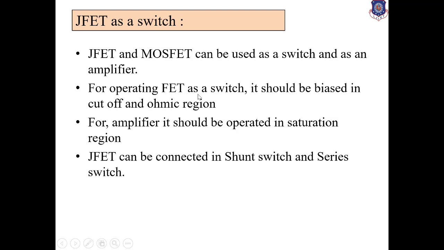For operating FET as a switch, it should be biased in the cutoff and ohmic regions. Switch means it can be a closed switch or an open switch, so it depends on the cutoff and ohmic regions. For an amplifier, it should be operated in the saturation region.